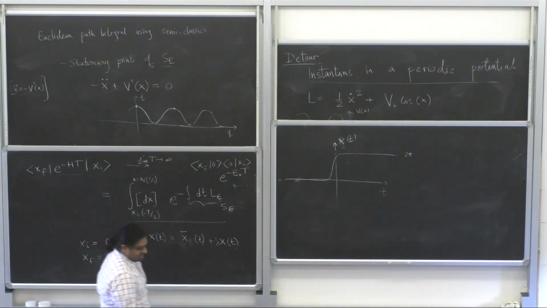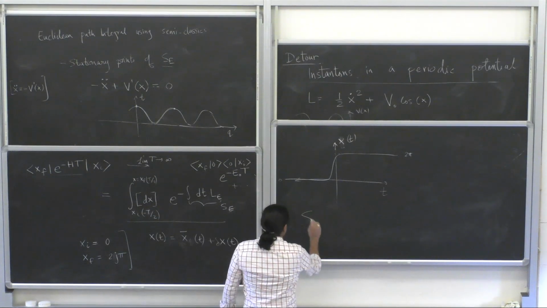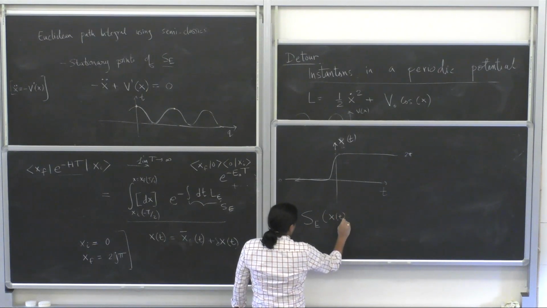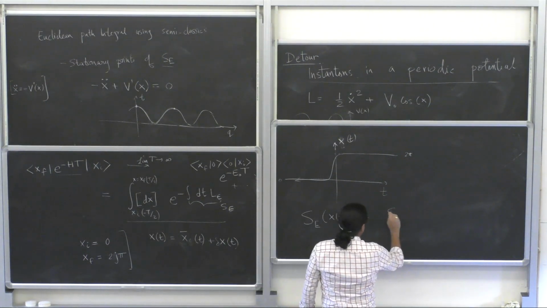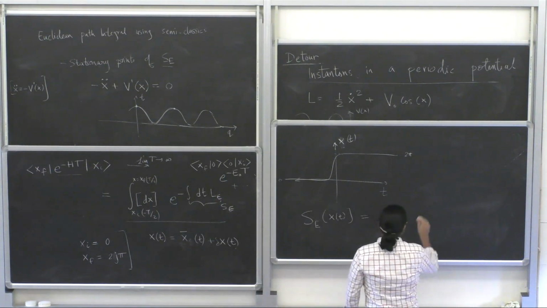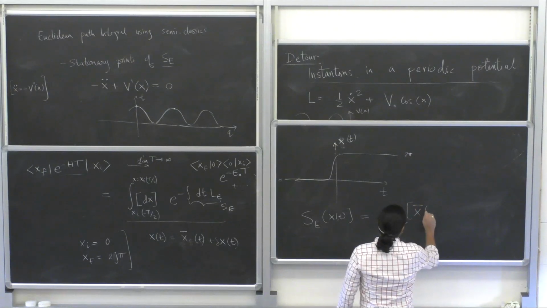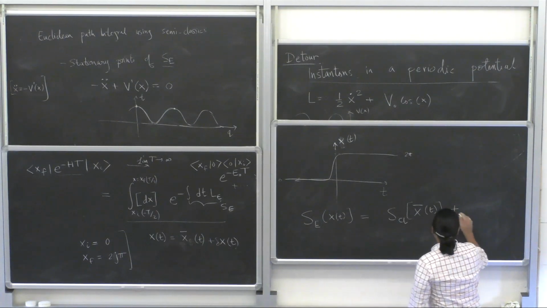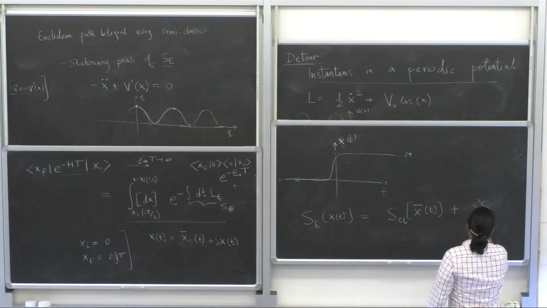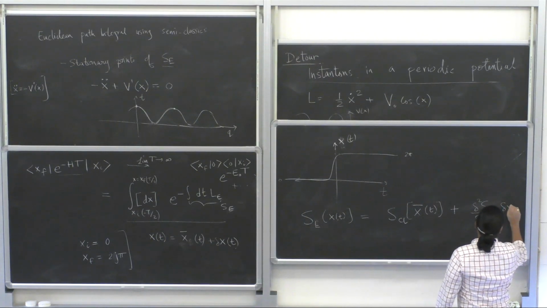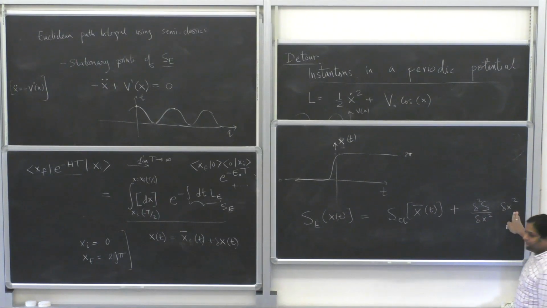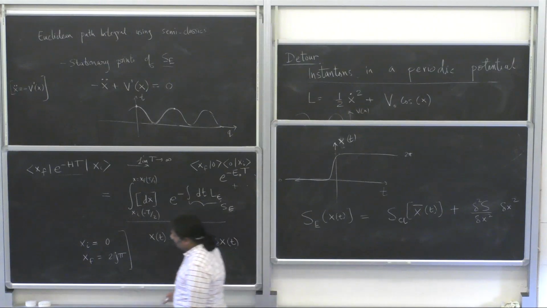And we can expand our Euclidean action as the action of the classical trajectories, so S classical, plus quadratic fluctuations in the small fluctuations, okay?